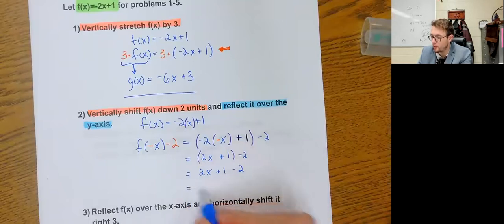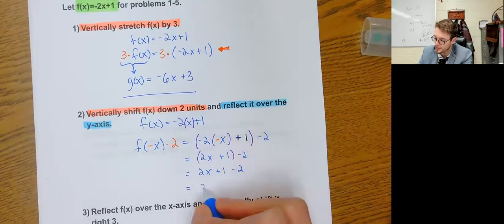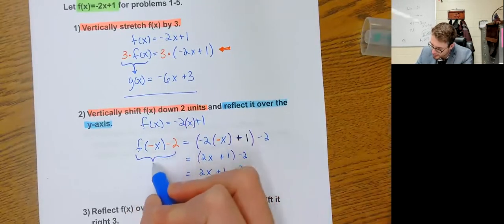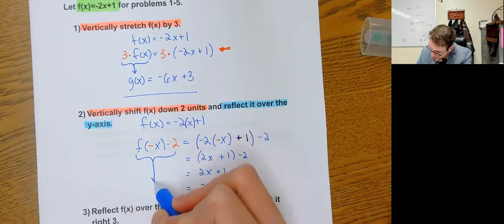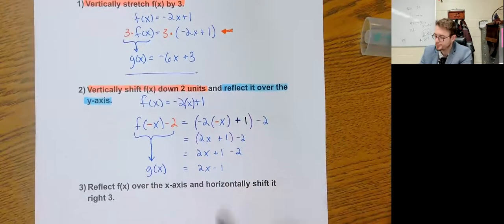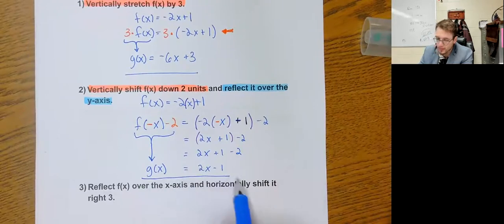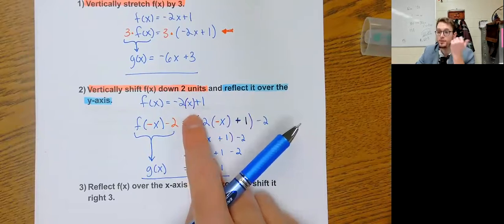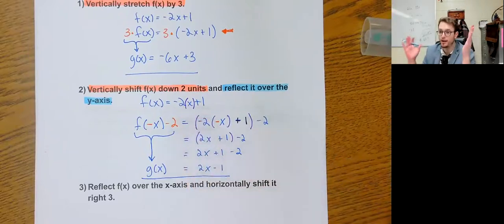So now we can simplify and combine like terms. What is a positive 1 minus 2? That is a negative 1. So we get 2x minus 1. And what has happened here is this whole function has been transformed to be g of x. So that is the new function g of x. It's very important that sometimes there might already be parentheses around the x, what I like to think of as an inside determined.